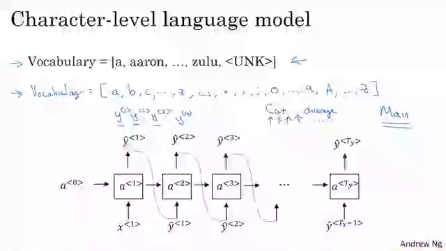Or they're also used in more specialized applications where you have a more specialized vocabulary. So armed with these methods, what you can now do is build an RNN to look at the corpus of English text, build a word level or build a character level language model, and then sample from the language model that you've trained.